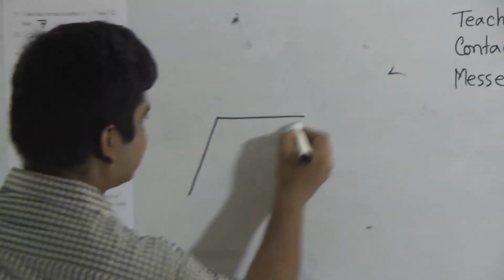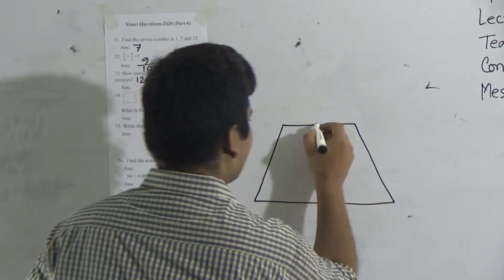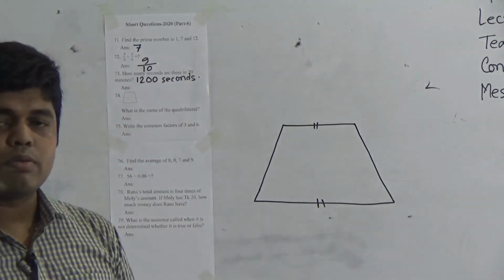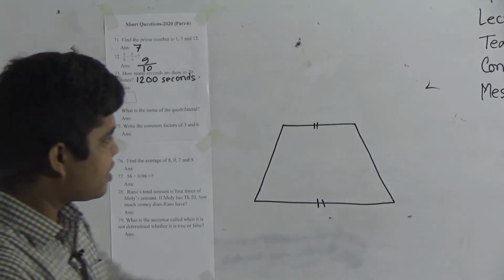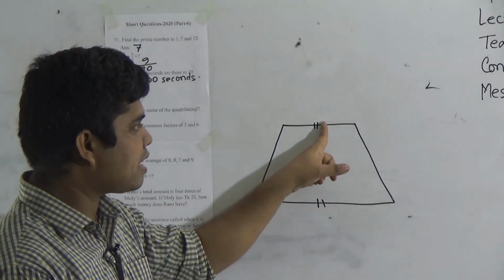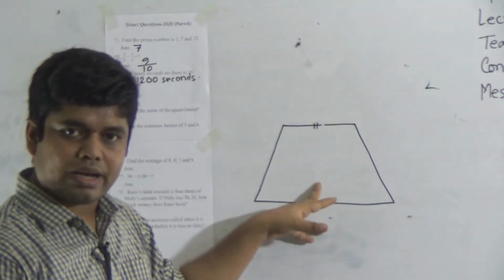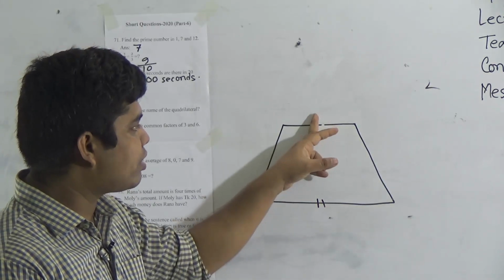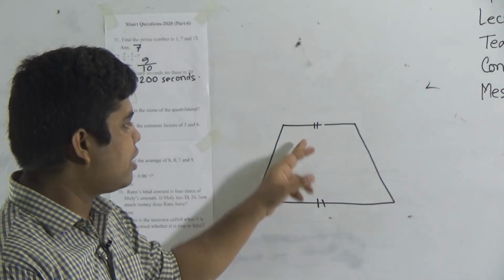So first of all we draw the figure. My dear students, when a quadrilateral has a set of parallel lines, then that figure is called a trapezium. Notice this line and these lines are parallel lines. As these two lines are parallel lines, we can say this line and these lines are a set of parallel lines in this figure.